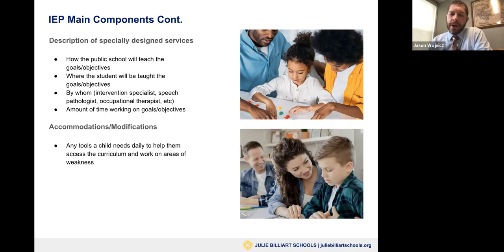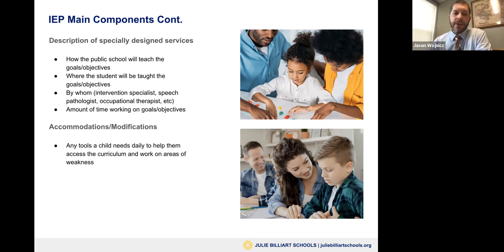Maybe the child requires extended time for their classwork or for tests. That extended time is going to be important for them. And so we want to make sure extended time is part of the accommodations, because that accommodation is going to be in place when they're working on the goals, but it is also going to be in place across the board inside their classroom settings throughout the course of the day.